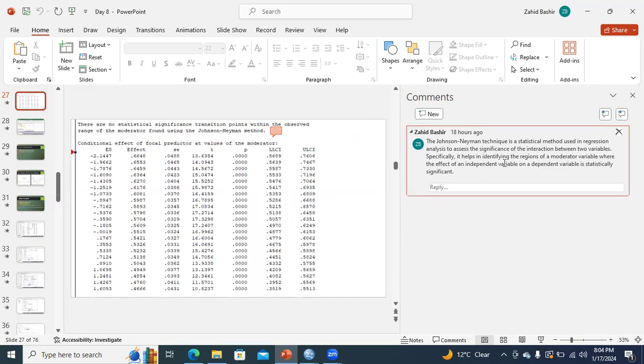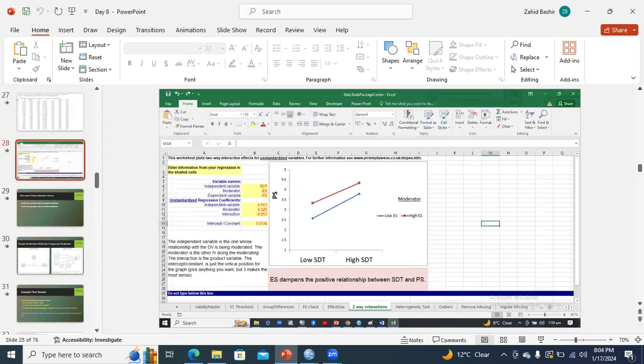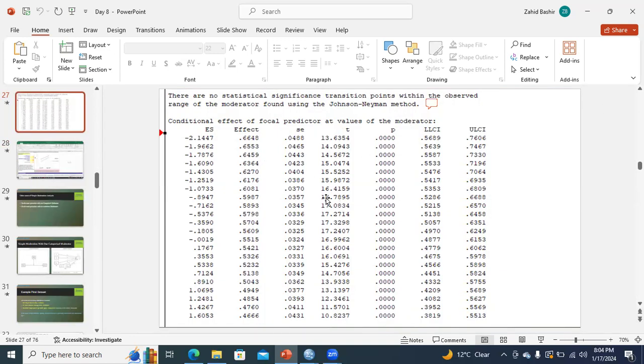Specifically, it helps in identifying the region of a moderator variable where the effect of an independent variable on the dependent variable is statistically significant. So this provides you the range of values where your moderating impact may be significant. So in all levels of values, your p value is less than 0.05. So you can see the effect size and different range levels of effects.